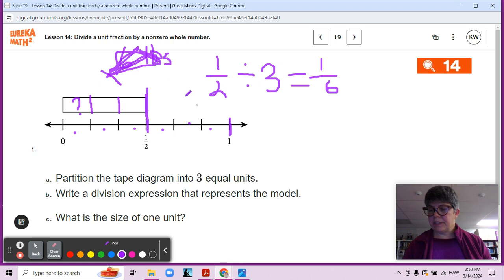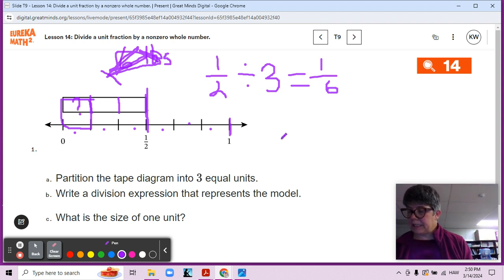And each unit is 1/6. So this matches up with our number line. So it is 1/6. Earlier, we thought about how much birdseed Sana would put into each bird feeder if she started with 1/2 a pound. Now we see that 1/2 divided by 3 is 1/6 of a pound.